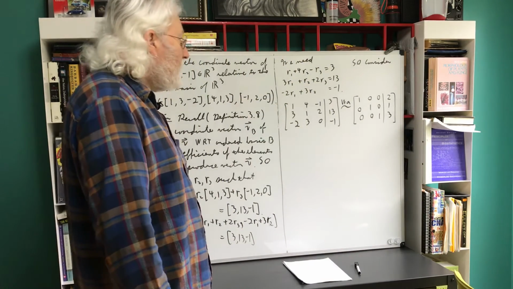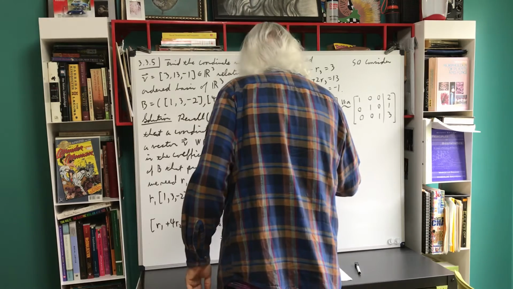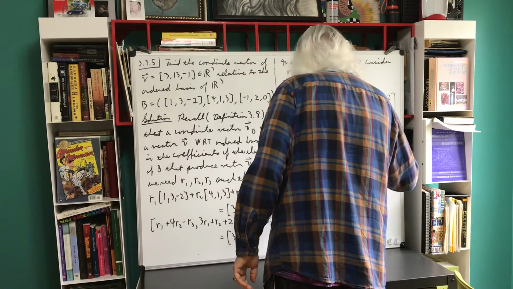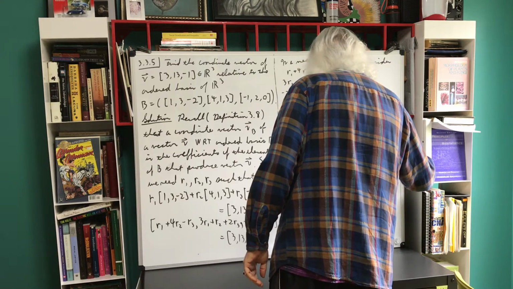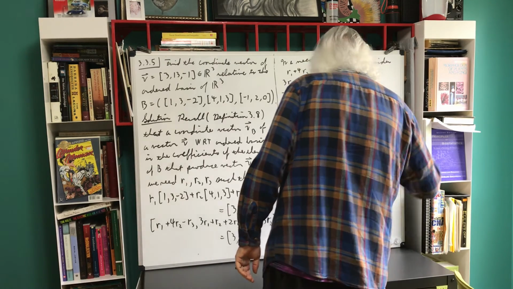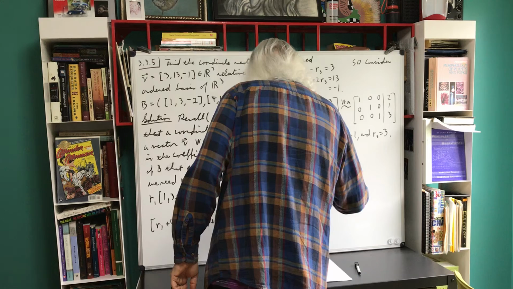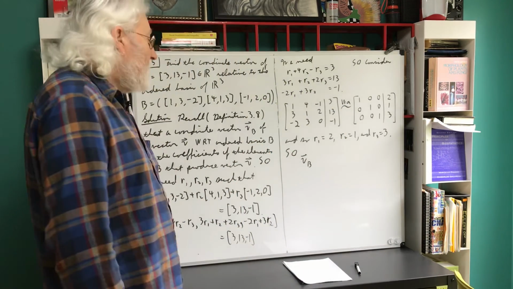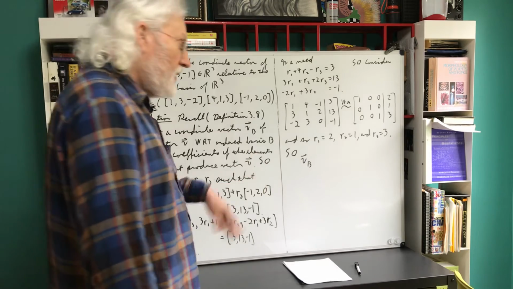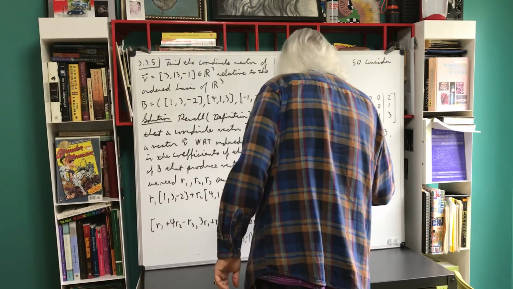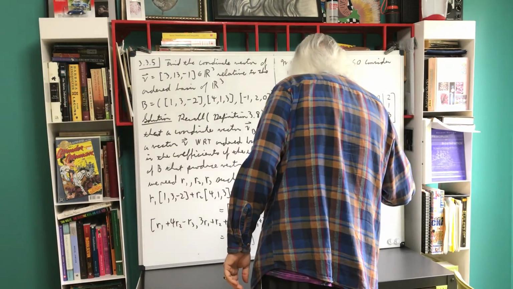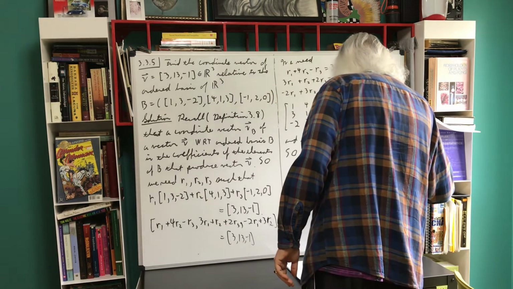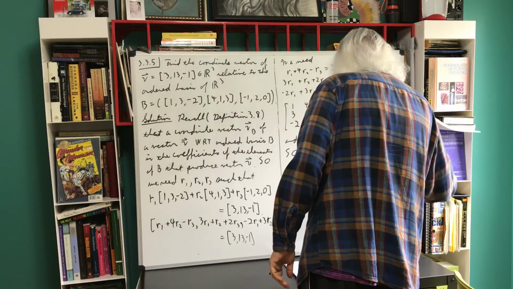So 2, 1, 3 are the values: R1 is 2, R2 is 1, and R3 is 3. So the coordinate vector of vector v with respect to the ordered basis b is just the vector R1, R2, R3. In this case, 2, 1, 3.